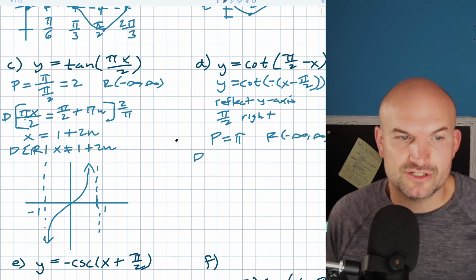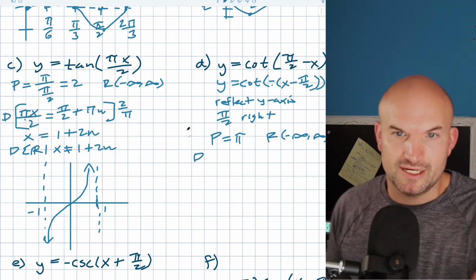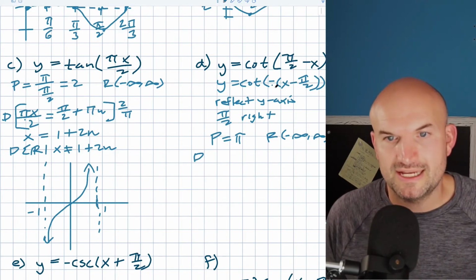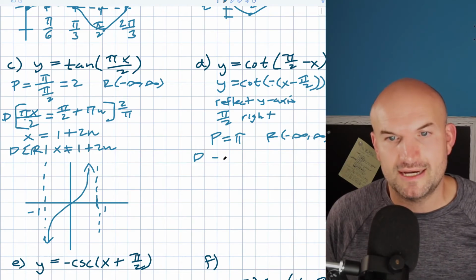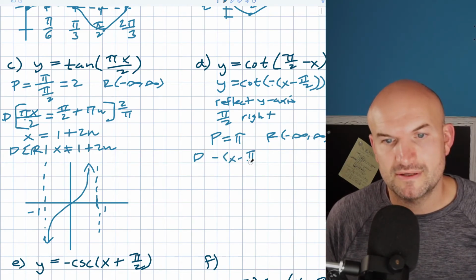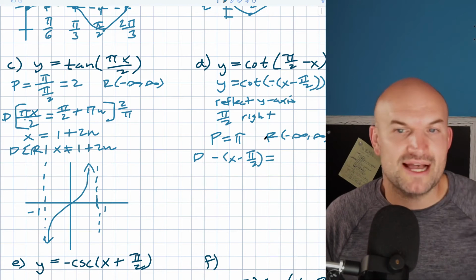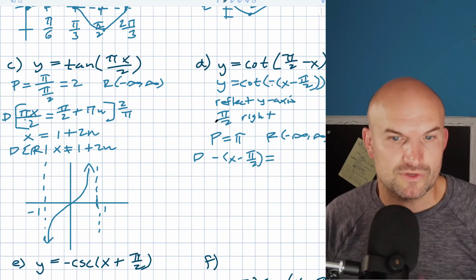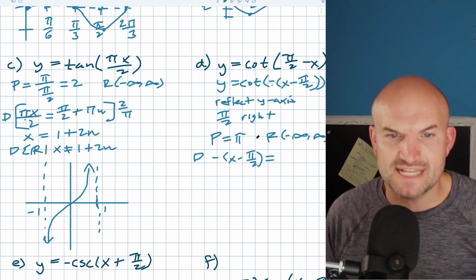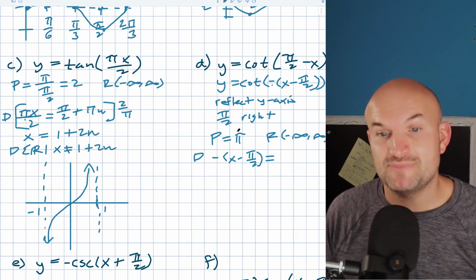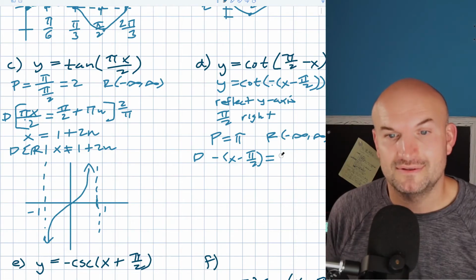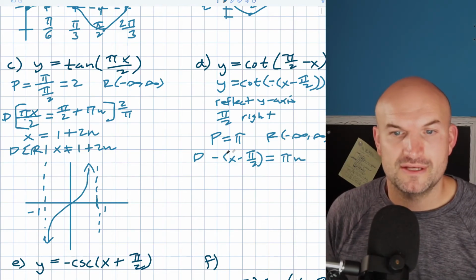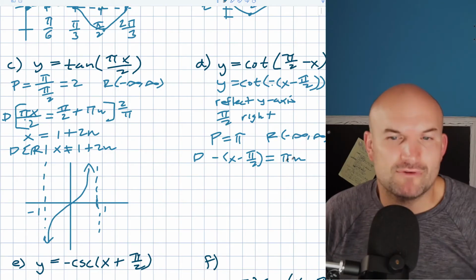Now my domain, just like we did over here, I'm going to set this equal to negative x minus pi halves. Now I'm going to set whatever the necessary function is equal to the asymptote equation. What's the asymptote equation for a cotangent? That's going to be pi n, where n represents any integer.